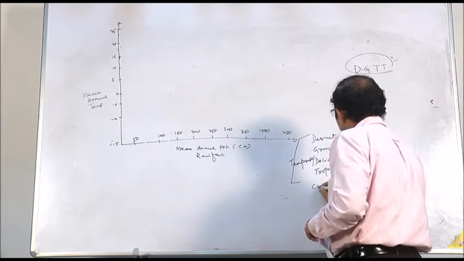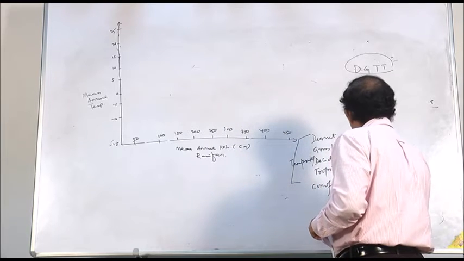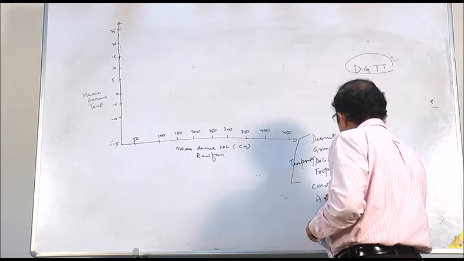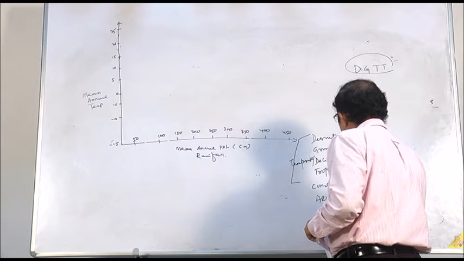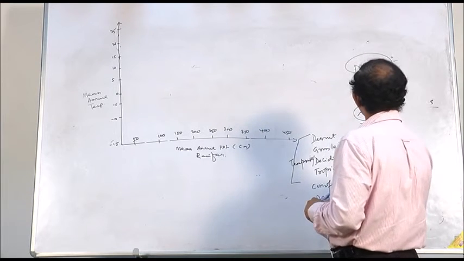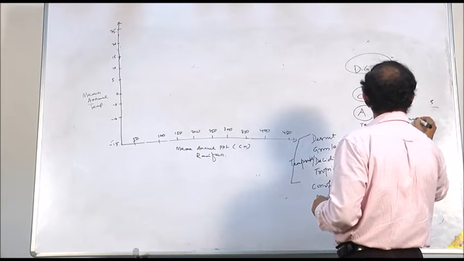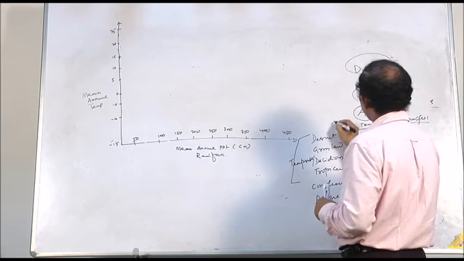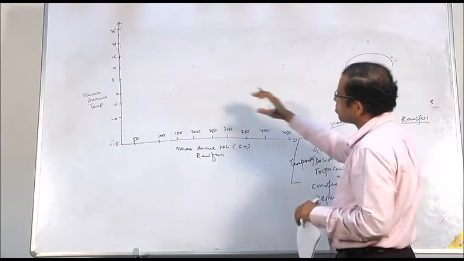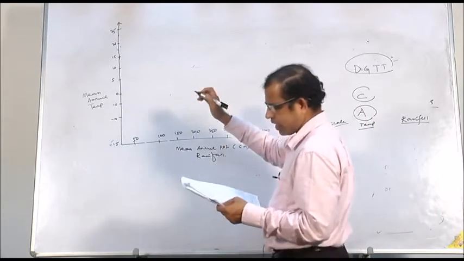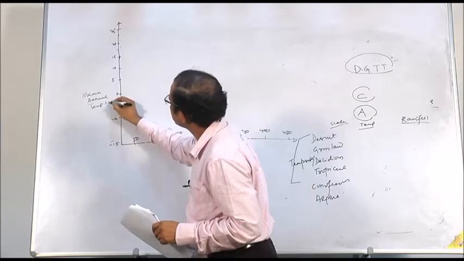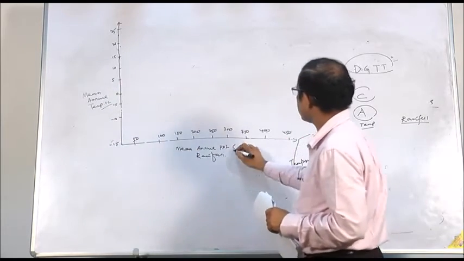Then I will come to the coniferous, and the last one is alpine. Now the temperature, and second, the rainfall. The graph scale for temperature is in degrees centigrade, and the rainfall is in cm.